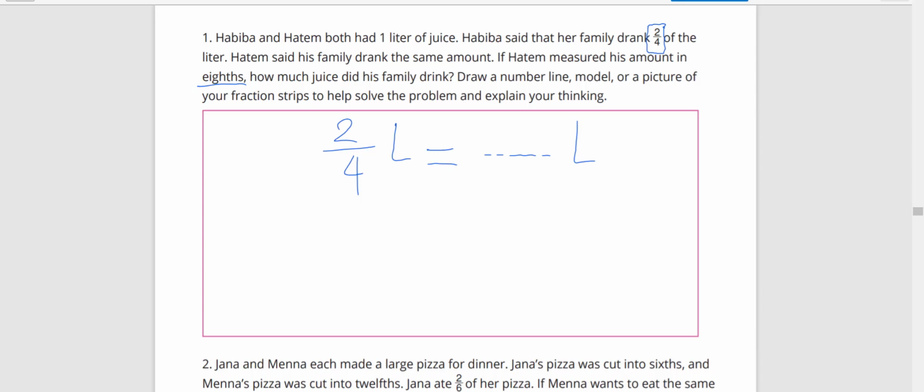How do we know the answer? Here the fraction should be in eighths. The denominator is 8. So what is the numerator? We can draw fraction strips to know the answer.